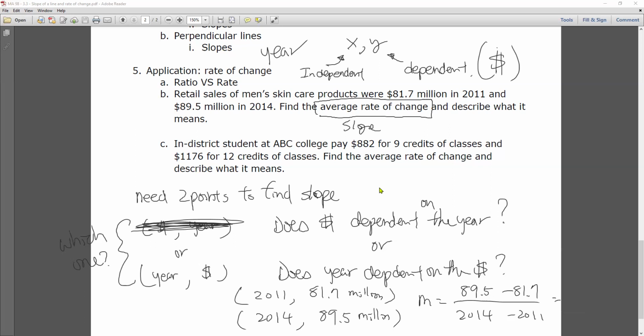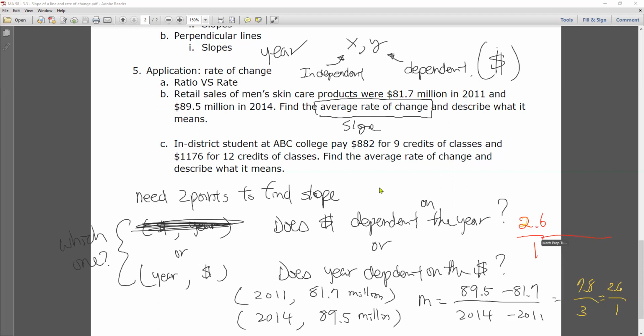So let's double check. 89.5 minus 81.7 is 7.8 over 2014 minus 2011 is 3. So 7.8 divided by 3 is 2.6. So this is going to be 2.6 over 1, but don't forget the labels.